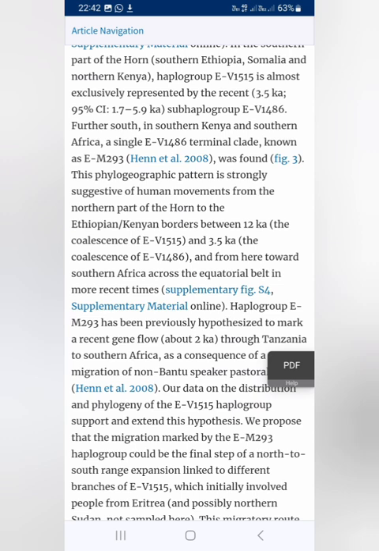We propose that the migration marked by the EM293 haplogroup could be the final step of a north to south range expansion linked to different branches of EV1515, which initially involved people from Eritrea.